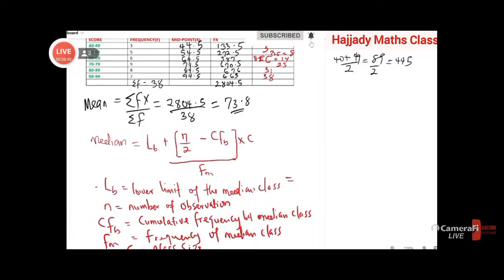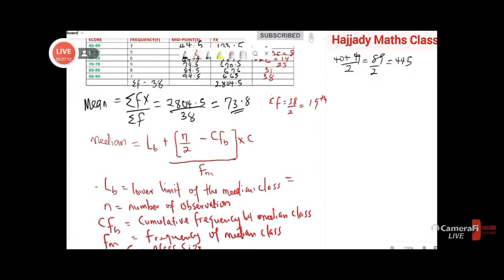Now let's check. Since our summation F is 38, our median class is going to be at 38 over 2, which is the 19th value. So where does our 19th value fall? We can see that it falls in this region. So this is going to be our median class.